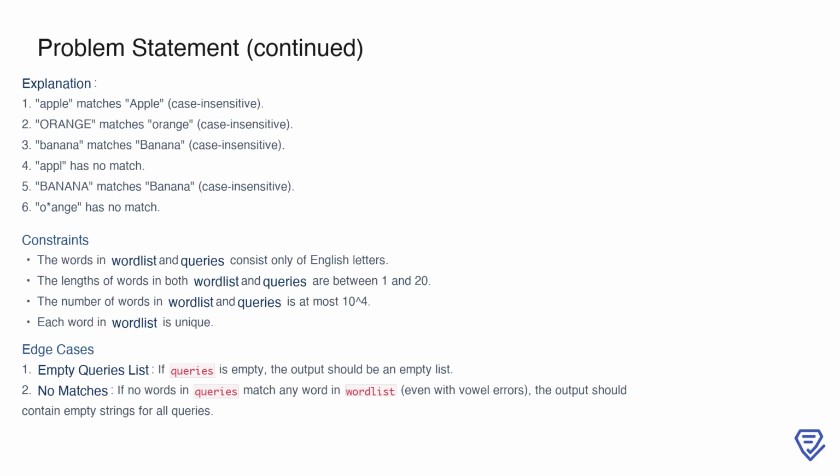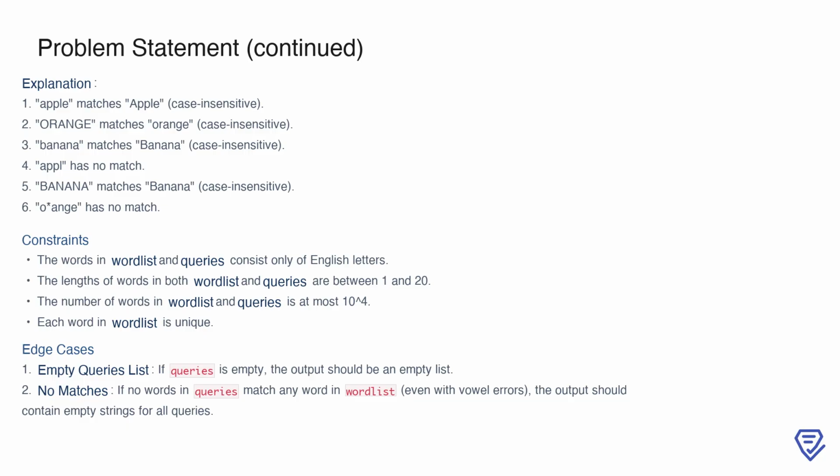Let's look at another example to further clarify. If the word list contains apple, orange, and banana, and the queries list includes apple, orange, banana, EPPL, banana, and O**ange, the output is a list where apple matches apple when case is ignored, so apple is returned. Similarly, orange matches orange, and banana matches banana, both through case-insensitive matching.